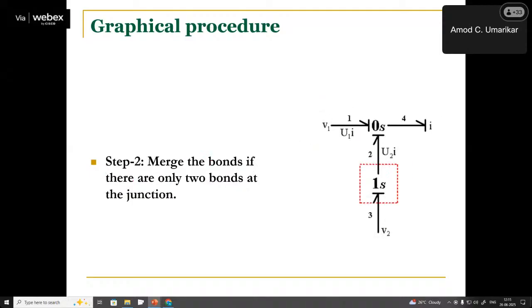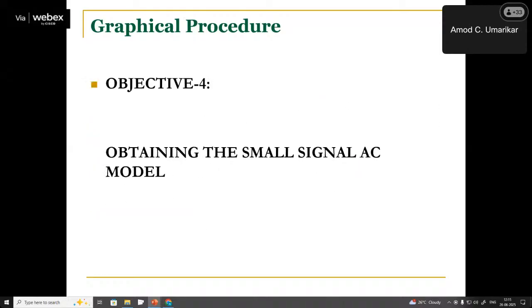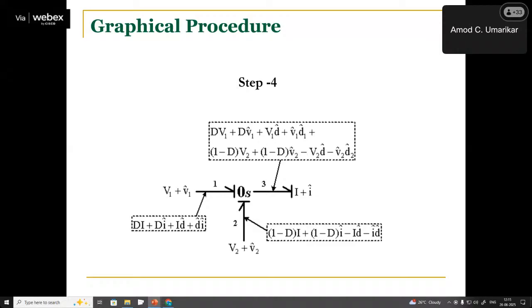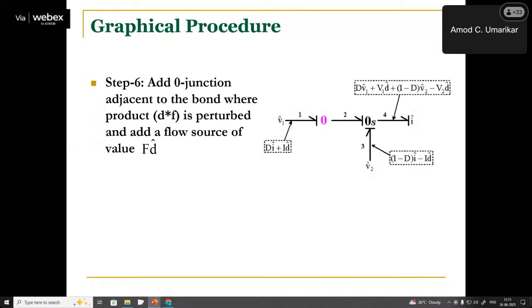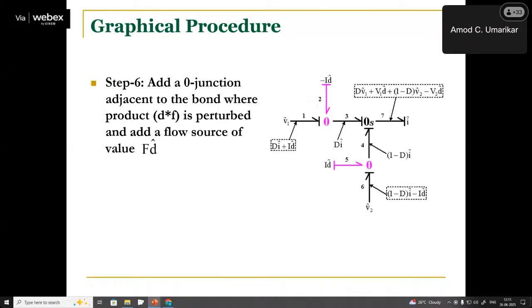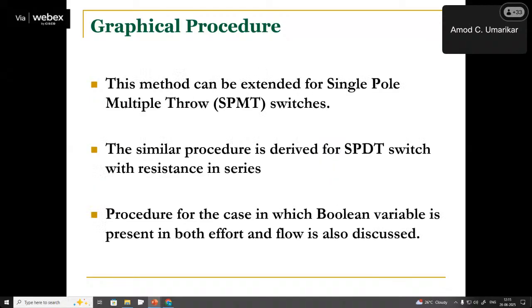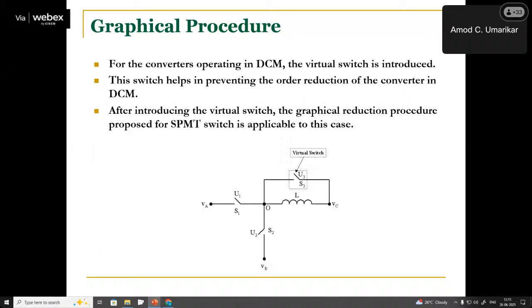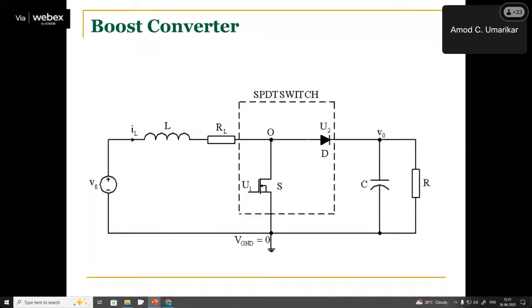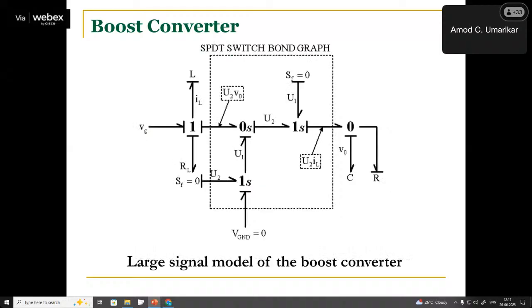These are the procedures I have proposed. With this procedure, you can easily obtain on the graph itself the small signal model of any DC-DC converter, even in DCM mode. Okay, so this is our example boost converter.